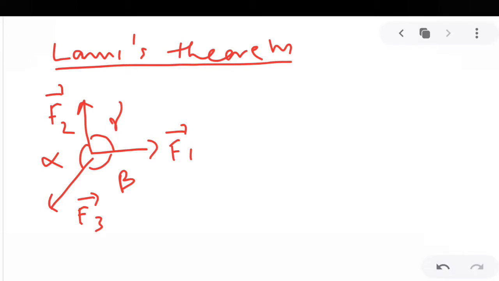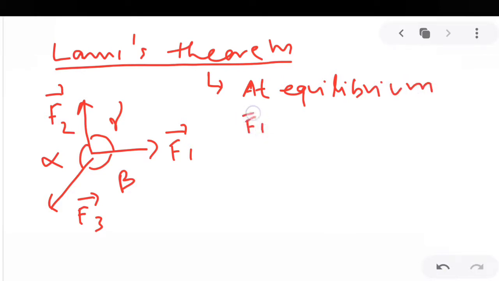Now Lami's theorem says that at equilibrium, F1 plus F2 plus F3 is equal to 0.